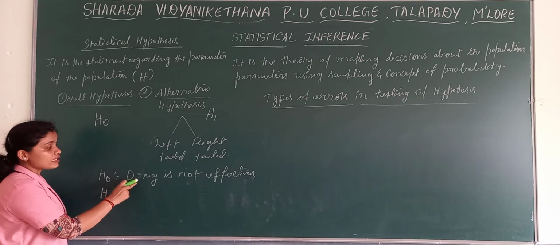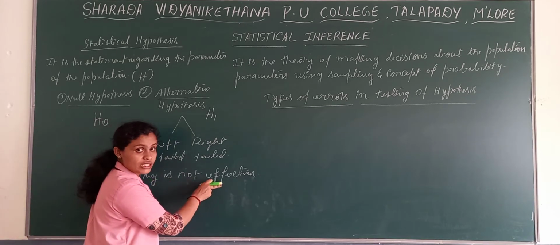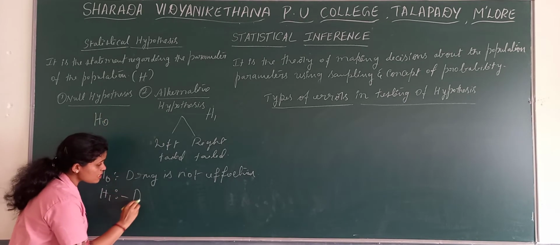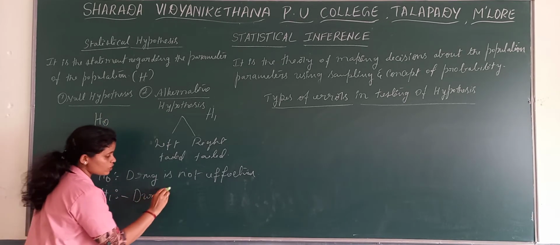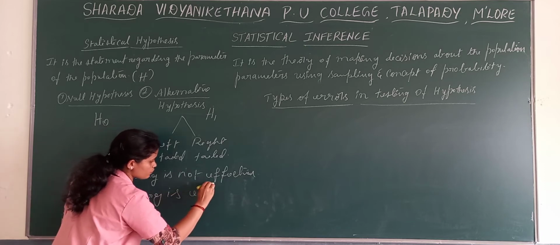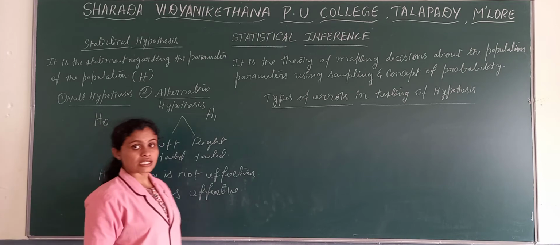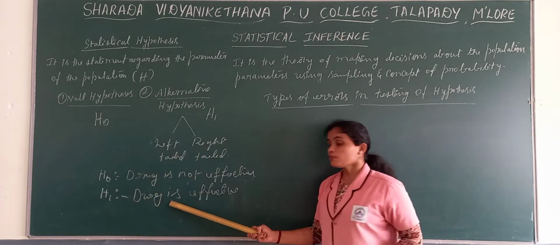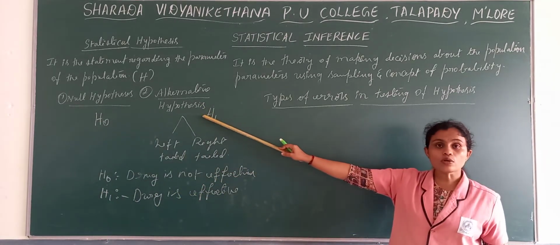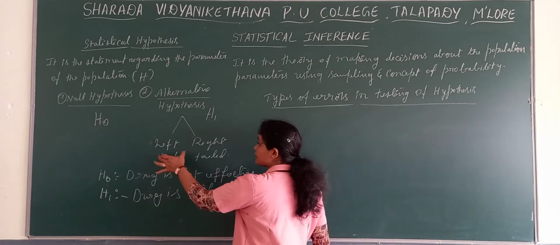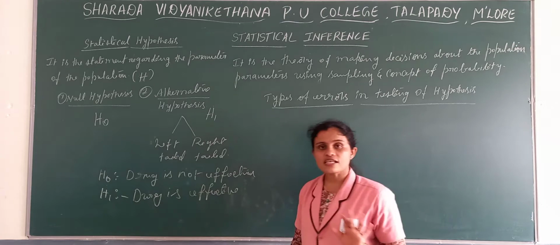The null hypothesis is that the drug is not effective, and the alternative hypothesis is that the particular drug is effective. This is a normal alternative hypothesis. In case of alternative hypothesis, as I said, there is a left tail as well as a right tail.